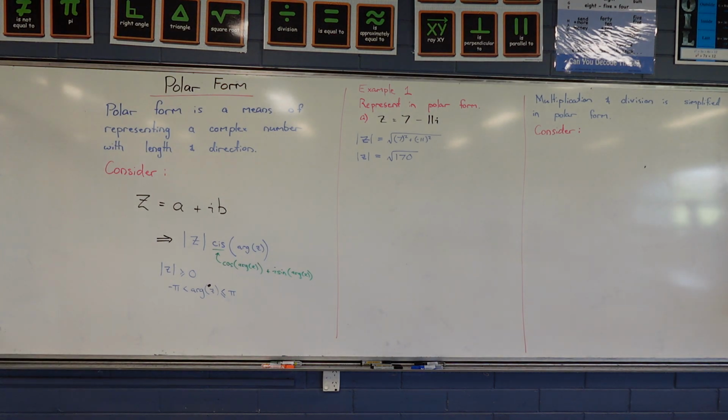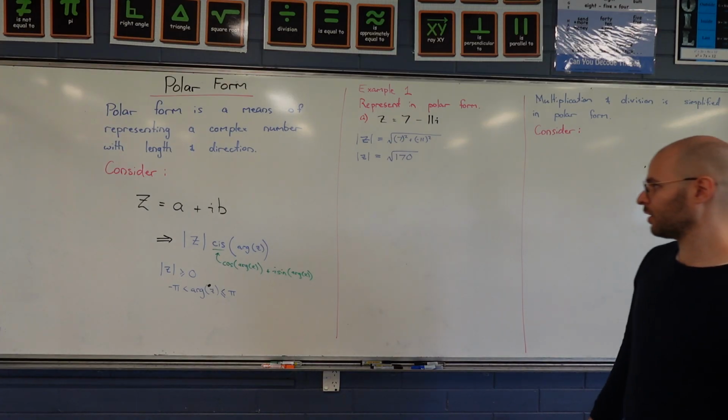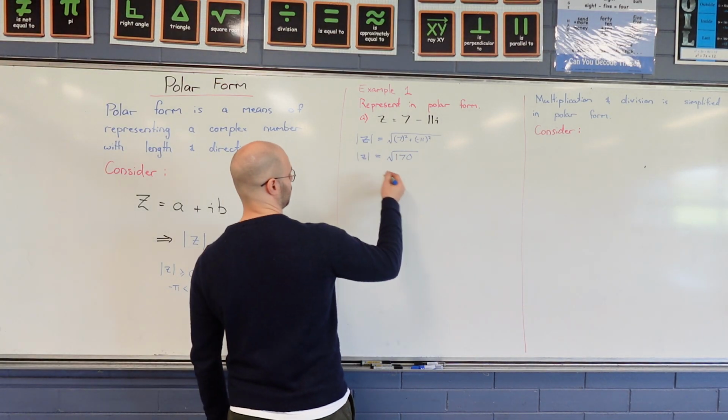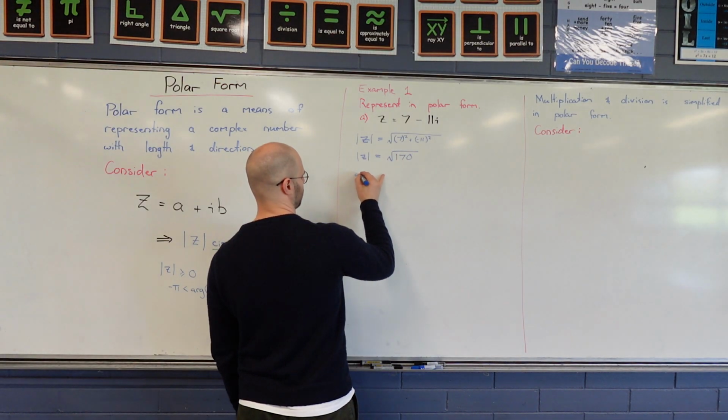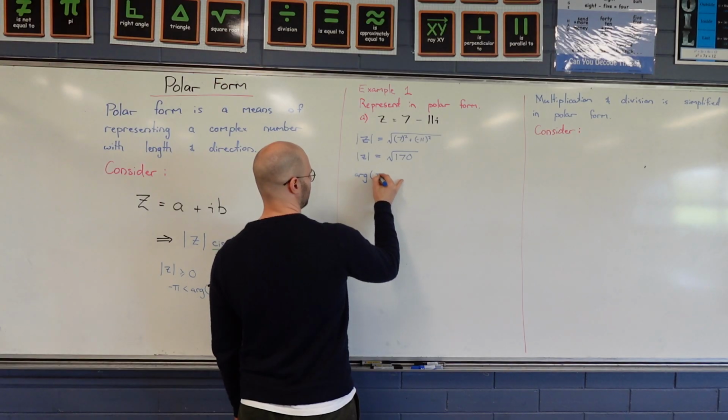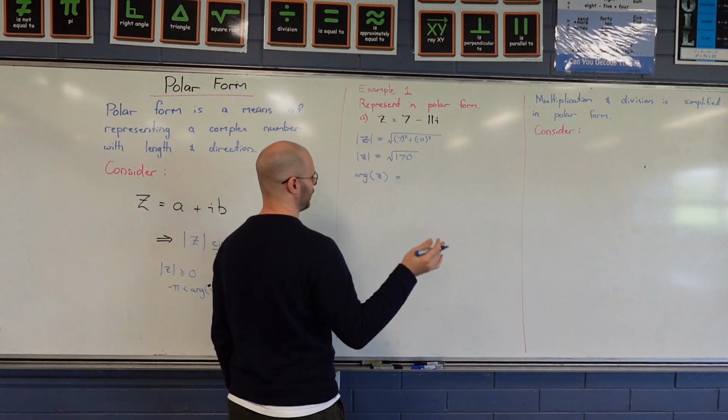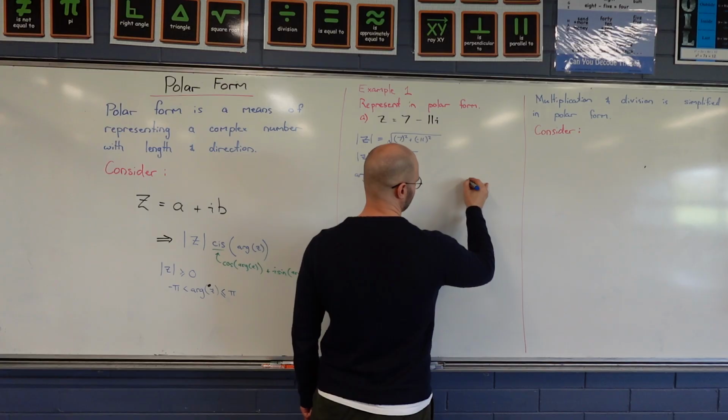That's our length of the number. Next part is we need to know what direction it's pointing in. What do we scribble on our page to help us understand what calculations ensue? The argument diagram. The argument of z is going to be something we don't know yet.